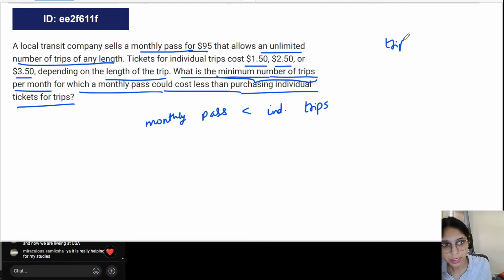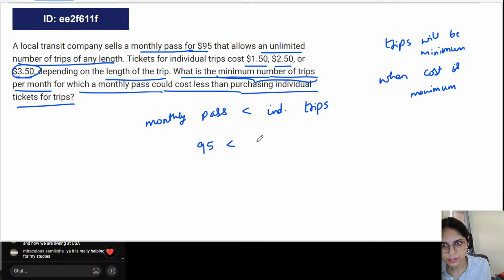So your trips will be minimum when cost is maximum. Cost is maximum for $3.50 and the monthly pass is 95. So 95 has to be less than 3.5 times the number of trips, let's say it's x.